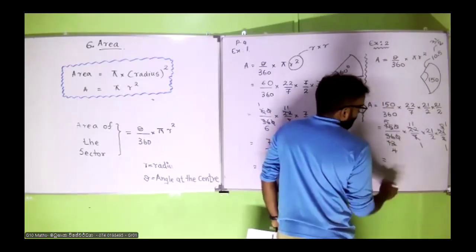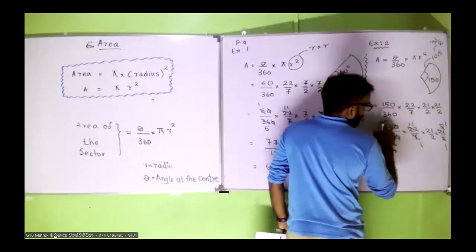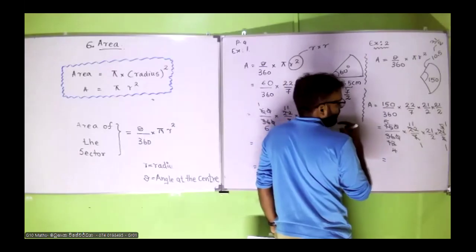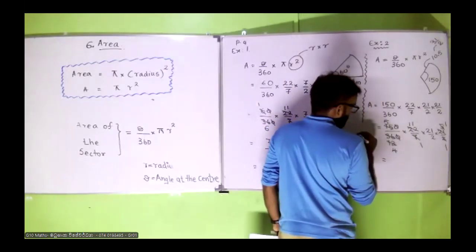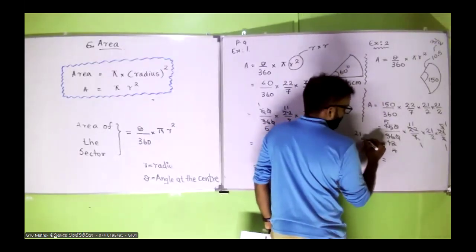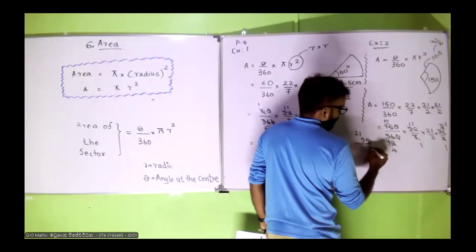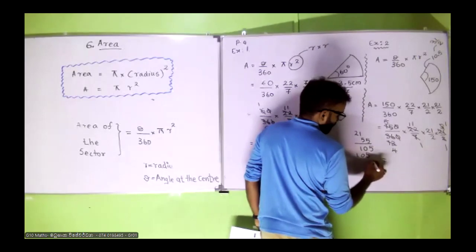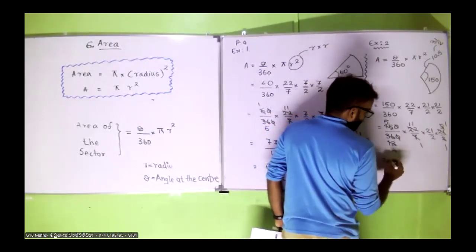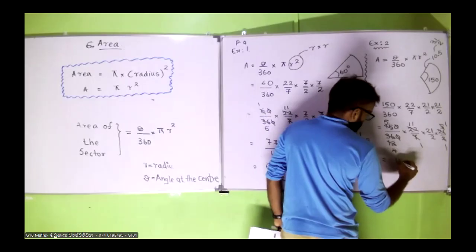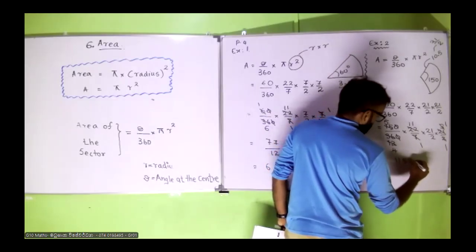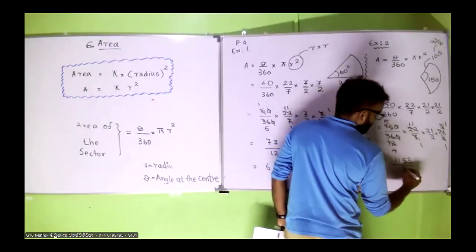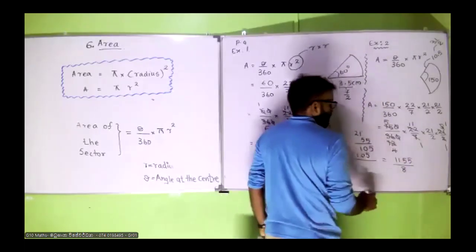In the numerator I'll have 5 times 1, 5 times 11, 55, and 21 into 55. 5, 10, 5, 10. I have 1155 in the numerator. In the denominator, 4 times 2, 8.